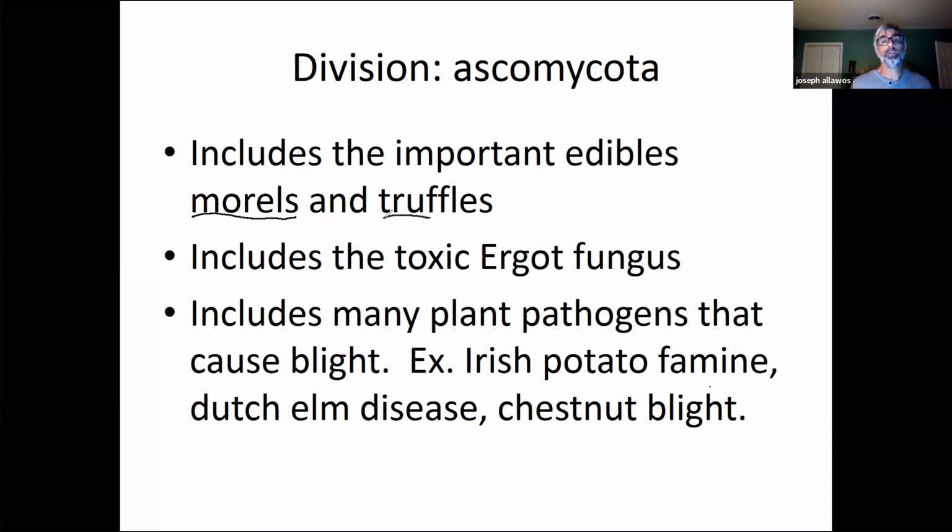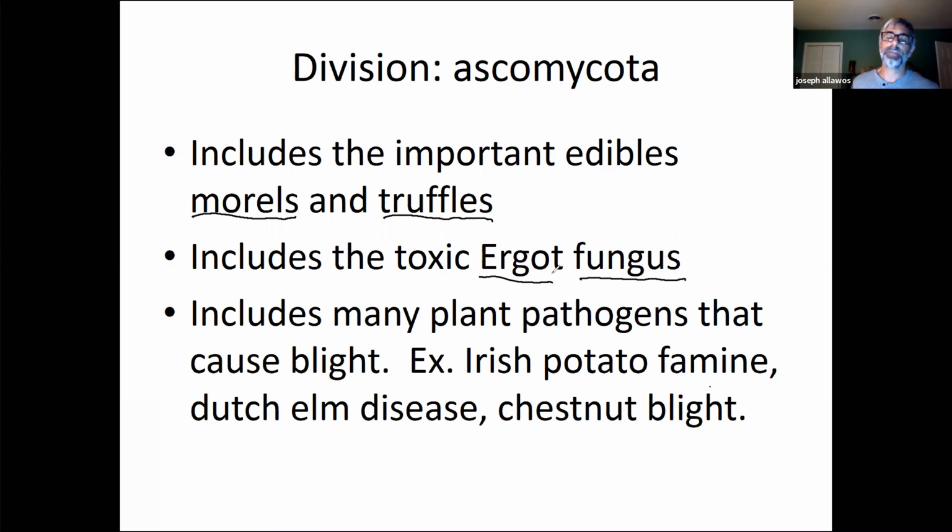And then the truffle, which we don't really have too much of around here. There are some out west, but primarily truffles are European. Italian and French and Spanish truffles are extremely valuable. And we'll talk about the fact that truffles can fetch $500 an ounce dried. Okay. This group includes the toxic ergot fungus and all of the ethnobotanical significance of ergot that we're going to talk about.